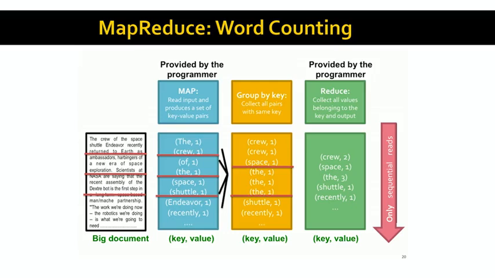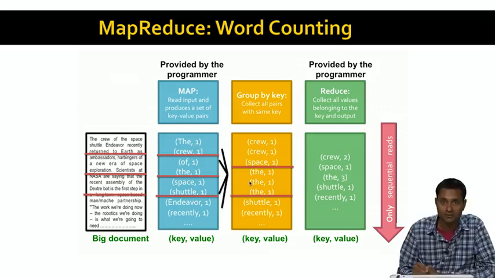So if you use 3 reduce nodes, then the MapReduce system is smart enough to split the output of the map into three reduce nodes, and it makes sure that for any given key, in this case all instances of the, regardless of which map node they start out from, always end up at the same reduce node, right?